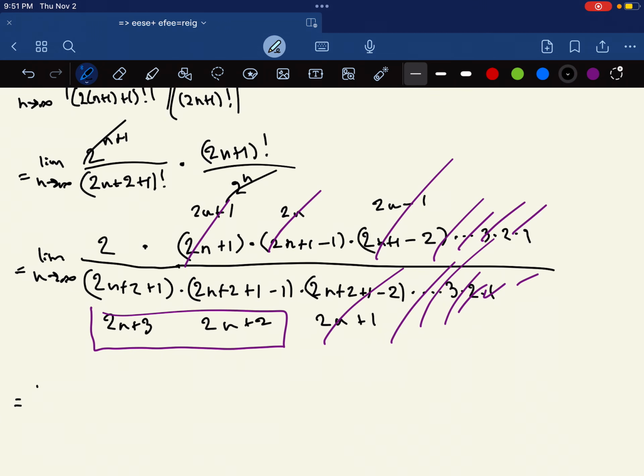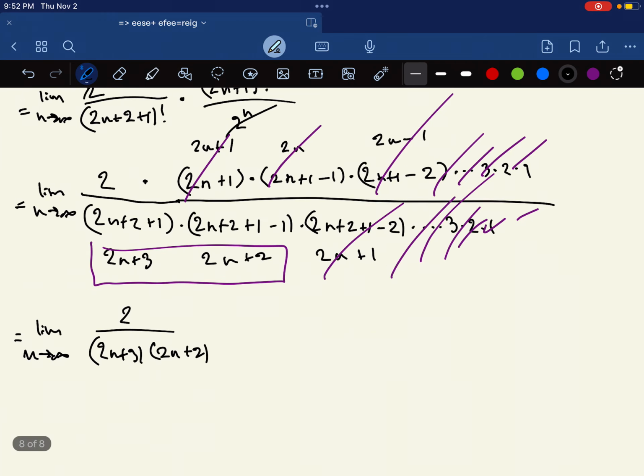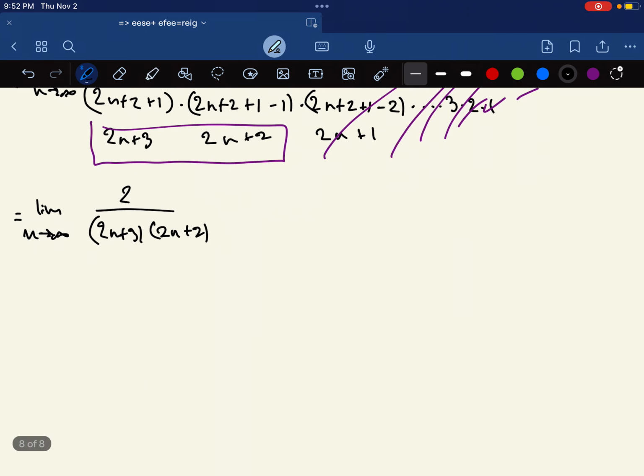So this is equal to the limit as n approaches infinity of 2 on top of 2n plus 3 times 2n plus 2. And obviously, as n approaches infinity, this whole thing approaches 0.